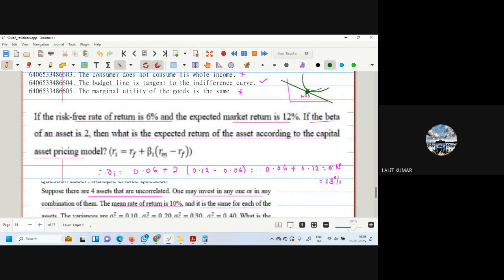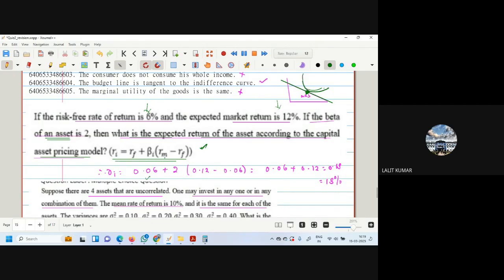Okay, next question. If the risk-free rate of return is 6% and the expected market rate of return is 12%, and the beta of an asset is 2, then what is the expected return of the asset according to the capital asset pricing formula? Fortunately, they have given the formula here with the beta: Ri is equal to Rf plus beta into (Rm minus Rf).